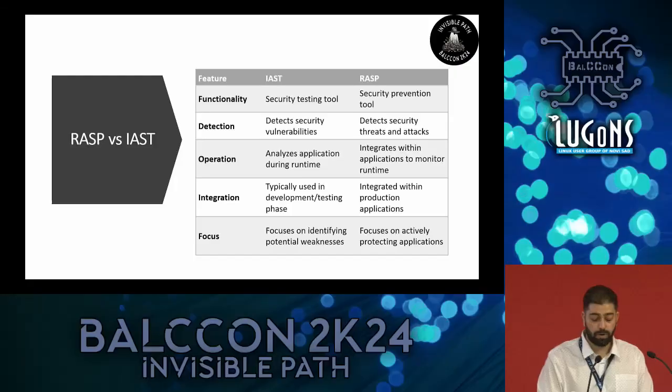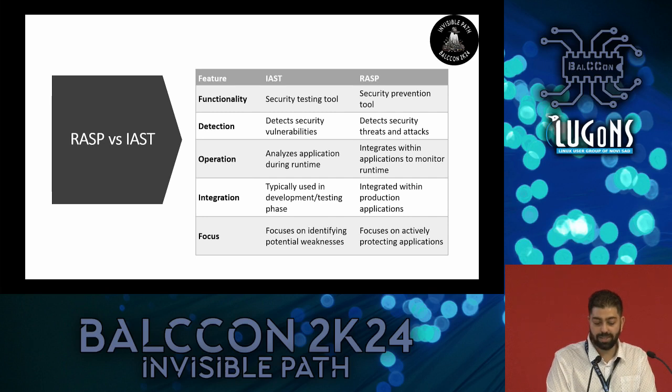For detection, IAST detects security vulnerabilities and flaws within your application. However, RASP is going to detect the threats and attacks in real time. For operation-wise, IAST analyzes the application during runtime, but RASP integrates within the application and also monitors the application within runtime, and also does prevention in real time.